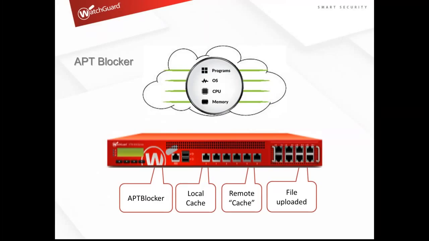So as you look at APT Blocker, one of the criteria that you need, let's say you're a reseller or you want to purchase the APT subscription, the precursor to run APT Blocker is that you have to have the antivirus subscription.